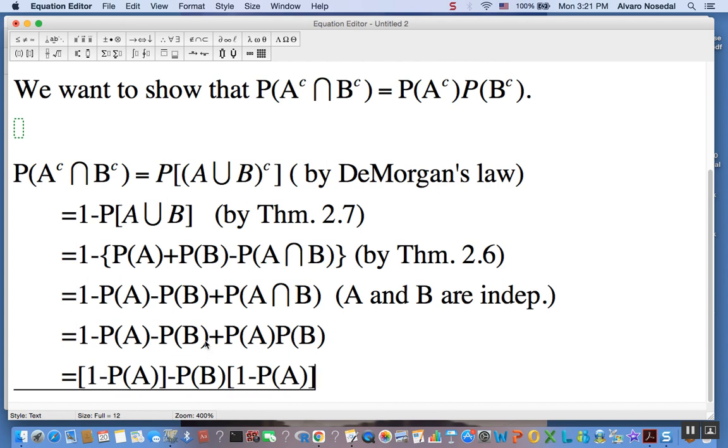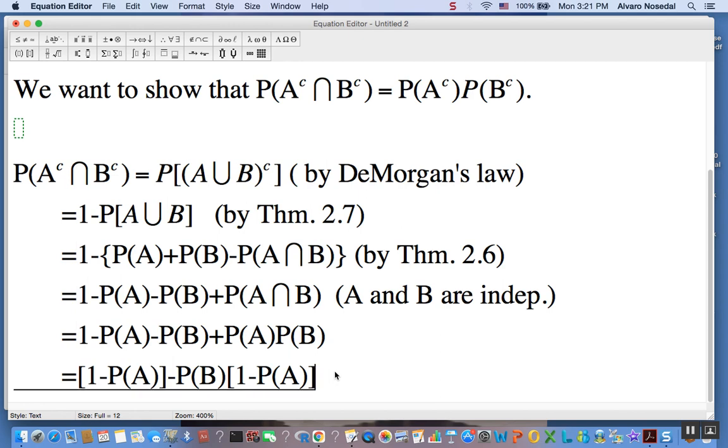Then I'm just factoring out minus probability of B, times 1, and minus times minus, plus, minus probability of B times probability of A, this guy here.